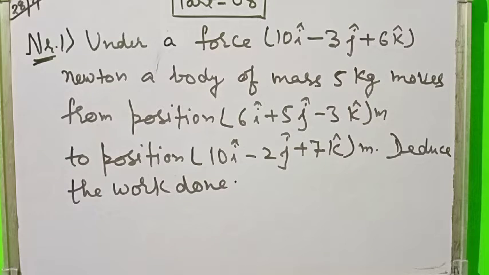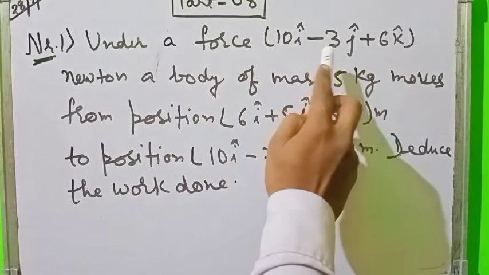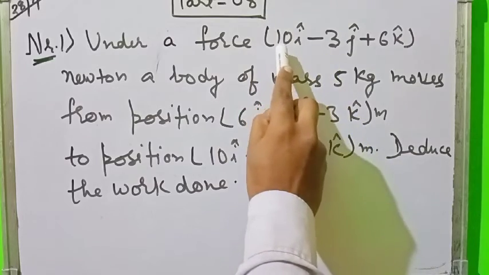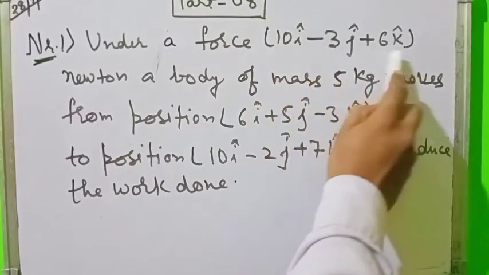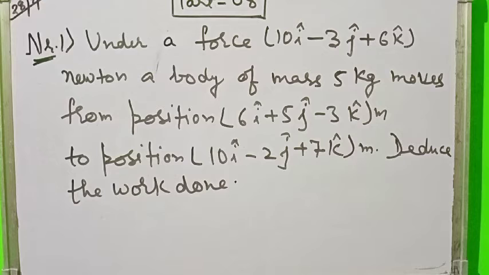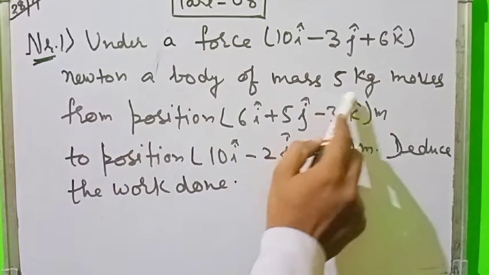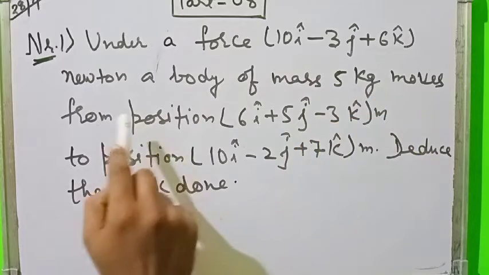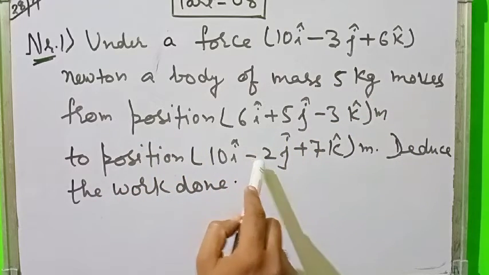One numerical based on the scalar product of vectors is in front of you. First understand the numerical, then try to solve it, and I will also give the solution. Force is a vector quantity, so its three components are written here: 10 i cap minus 3 j cap plus 6 k cap Newton. A body of mass 5 kg moves from one position to another.